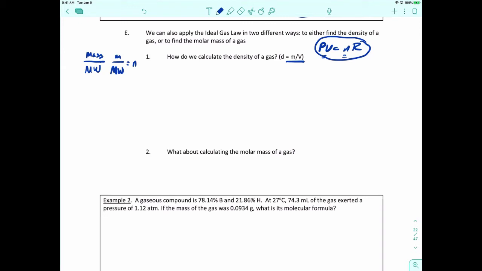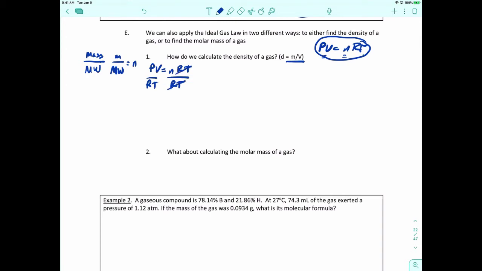All right, so we need to get N on top. We also need to get V on the bottom. So what I'm going to do is divide both sides by RT, so that way N's by itself. Okay, so let me start with the ideal gas law. PV equals nRT. I'm going to divide both sides by RT. So that way that cancels out. We get an N by itself.